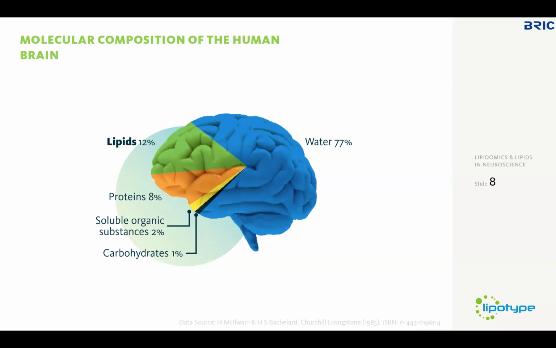So lipids contribute to the extreme morphological and functional diversity of the central nervous system, which consists, as I mentioned, of neurons and glia cells. Here you can see the molecular composition of the human brain and the average distribution of major molecules in the human brain. And if we recalculate it to the dry weight, then lipids account for more than 50% of the dry weight of the brain.